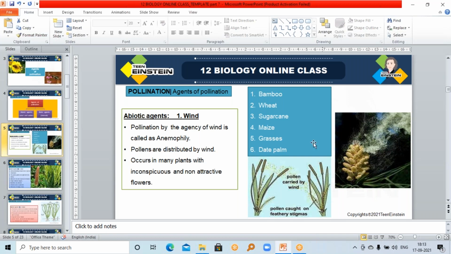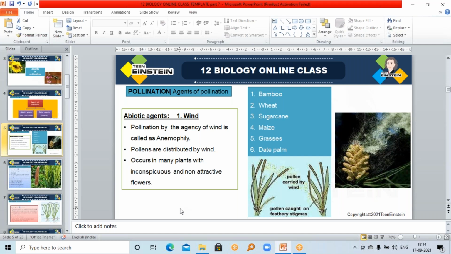So pollination by the agency of wind is called anemophily, and pollens are distributed by wind in this. It occurs mainly in plants with non-attractive flowers. In wind pollinated flowers, the flower may not be attractive. They are inconspicuous and non-attractive, small flowers.